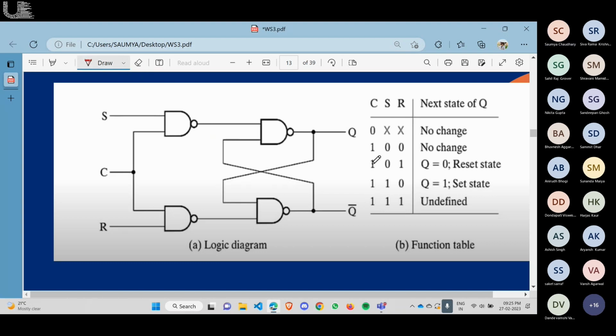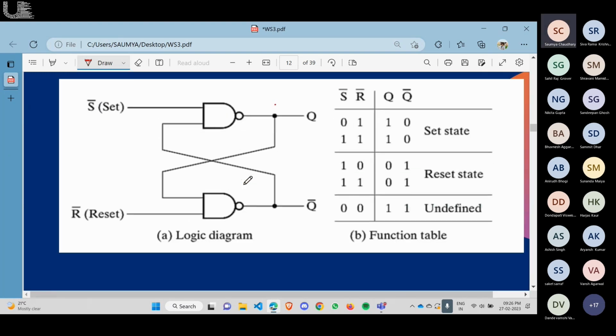Next case, here it is 1 and 0, so in the NAND gate, if we give 1 and 0, we get 1. In this case, 1 and 0, we are getting 0, 1.